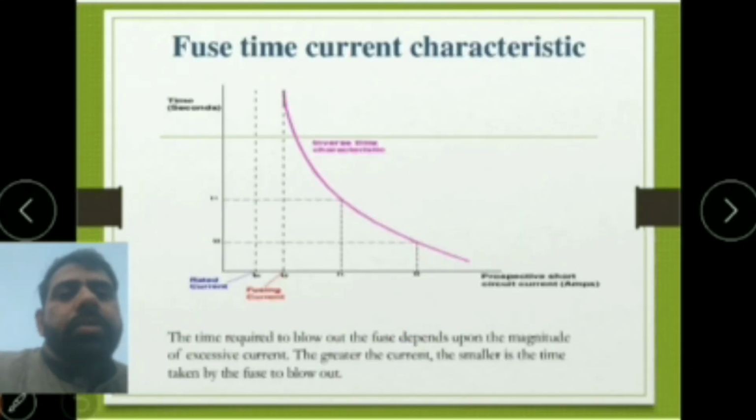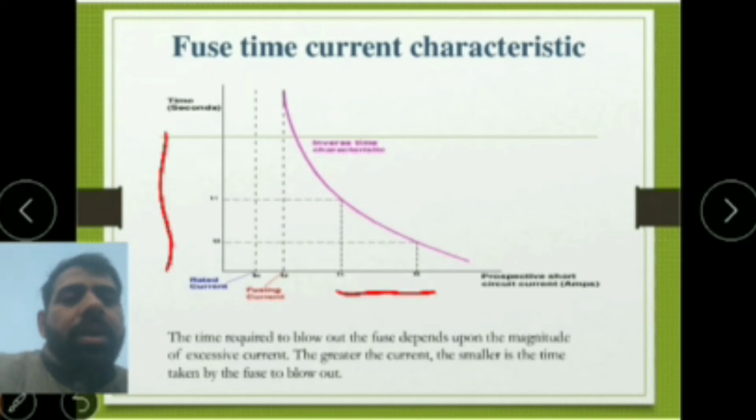So here the fuse time current characteristic is given. The y-axis defines the time and the x-axis defines the prospective short circuit current. You can see that the time required to blow out the fuse depends upon the magnitude of the excessive current. So greater the current, smaller the time taken by the fuse to blow out.